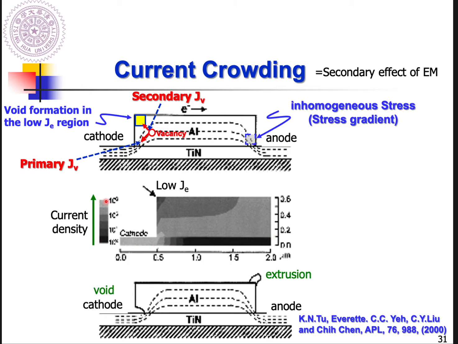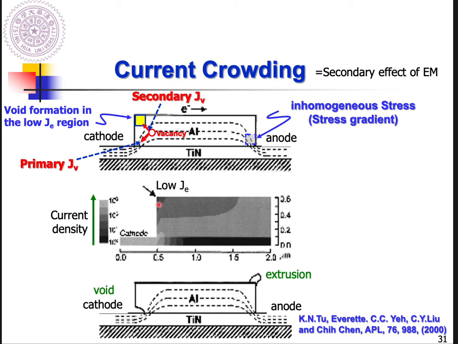The light gray one is showing the high current density region, and the darker gray represents the lower current density region. So take a look at these results. You can observe that this light gray region belongs to high current density, and as we expected, at the corner side there's a low current density region.